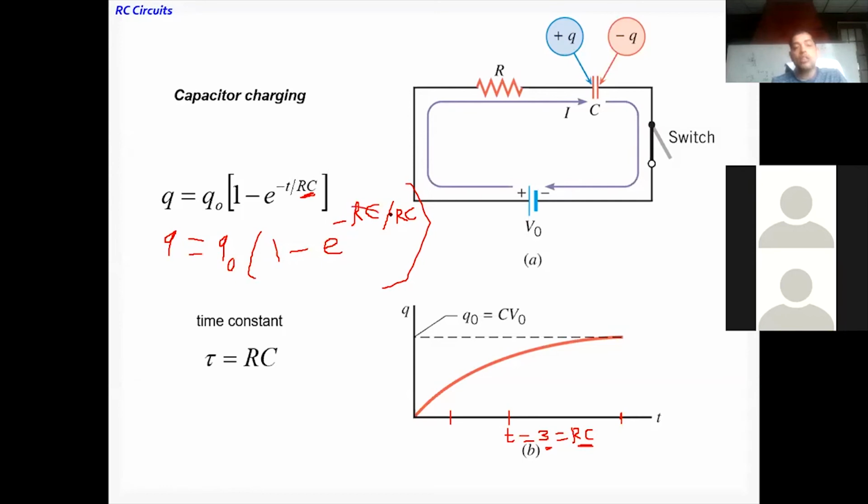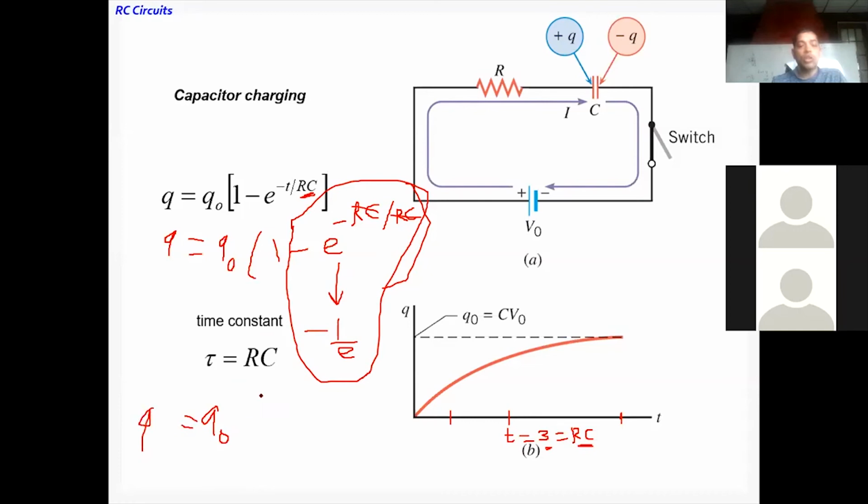This cancels out, you get 1 here, and this happens to be minus 1 over e. So you add minus 1 over e to 1, and you get Q equals Q0 times (1 minus 1 over e). That's what I meant.